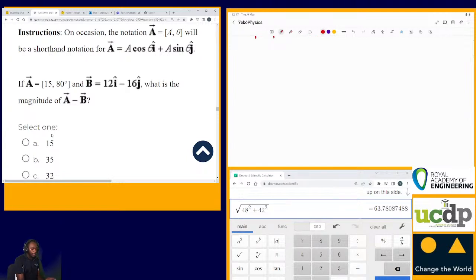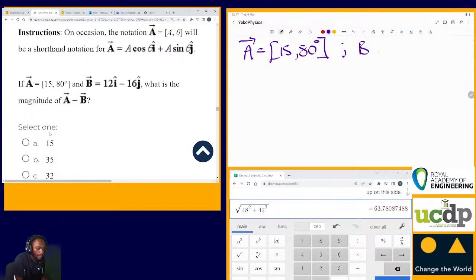Right, so in this case now we are given vector A being equal to 15 at 80 degrees, and vector B is 12 in the i minus 16 in the j.